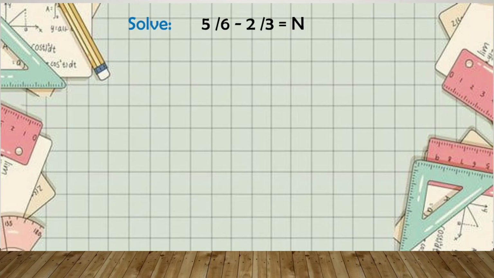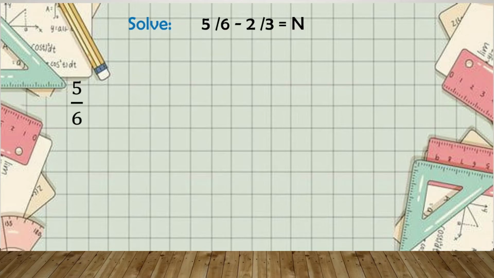Since these fractions are dissimilar fractions, because they have different denominators, which are 6 and 3, we're going to find the LCD. It is very hard to subtract or add dissimilar fractions, so first we make them similar fractions. Last time, Ma'am discussed similar and dissimilar fractions and how to convert them. We apply the same here.